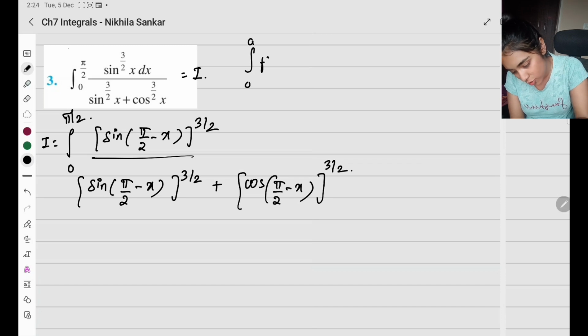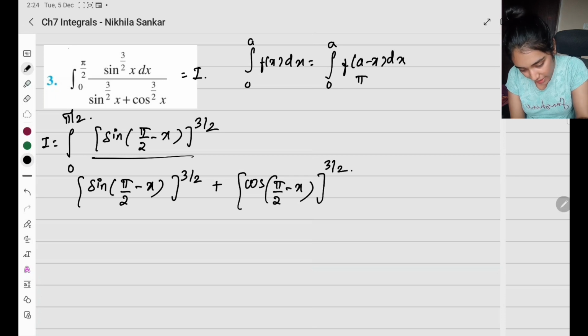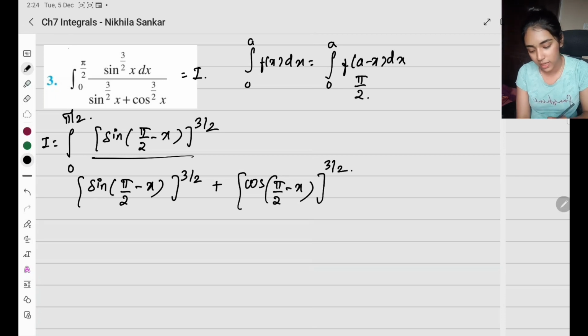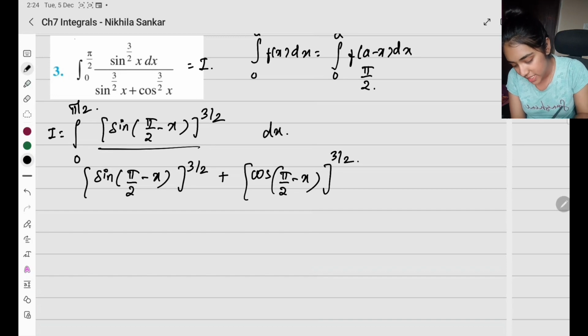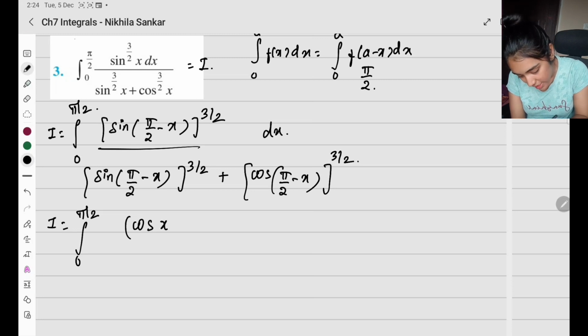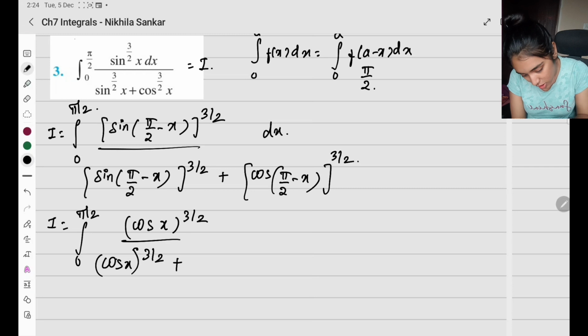From integral 0 to a of f of x dx, I am substituting 0 to a of f of a minus x dx, where my a value is pi divided by 2. இதை தான் நான் பண்றேன். So, times dx, this is nothing but I equals 0 to pi by 2 of sine of pi by 2 minus x is cos x to the power 3 by 2 divided by, again, cos x to the power 3 by 2 plus cos of pi by 2 minus x is sin x to the power 3 by 2 times dx.